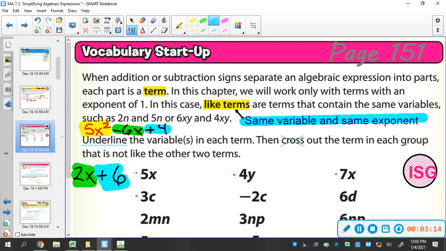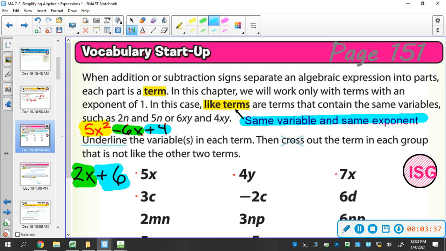They're really just going to focus on an exponent of 1, but we will have some examples with others. In this case, like terms are terms that have the same variables, such as 2n and 5n, or 6xy and 4xy. Notice what I have written in purple there that's highlighted.